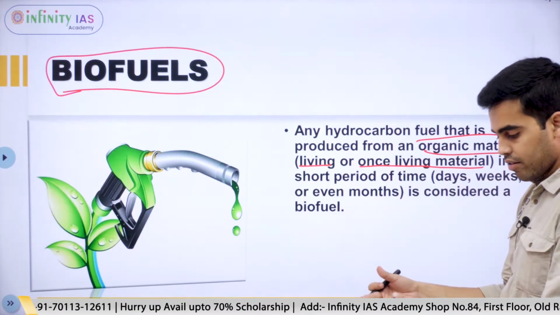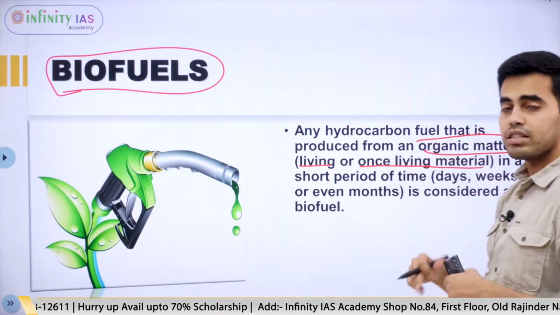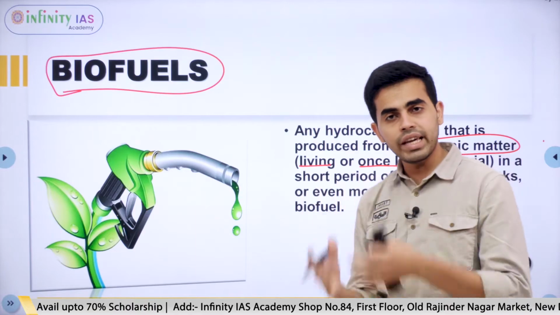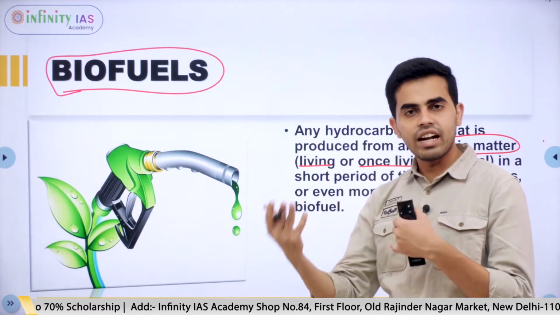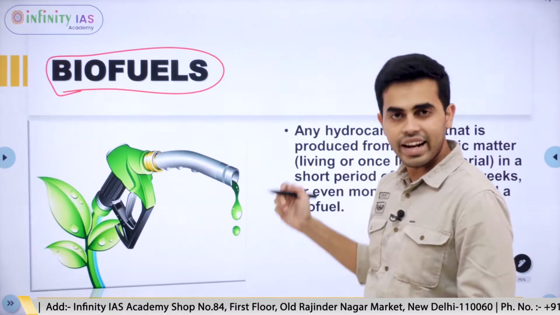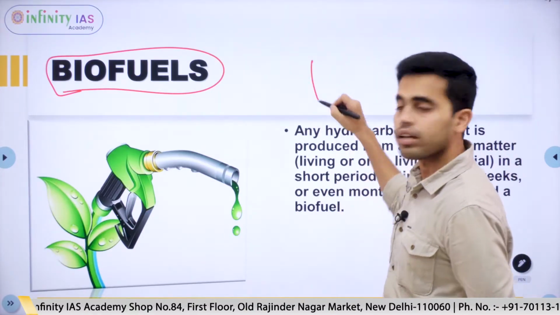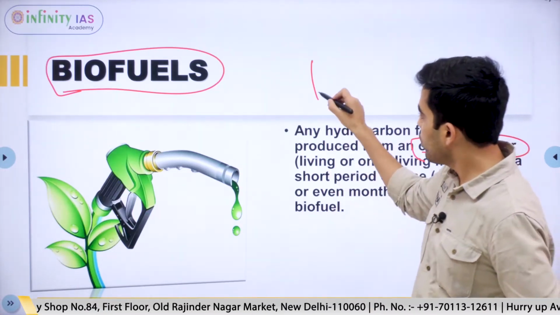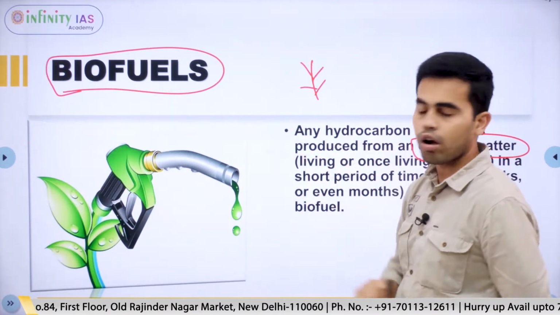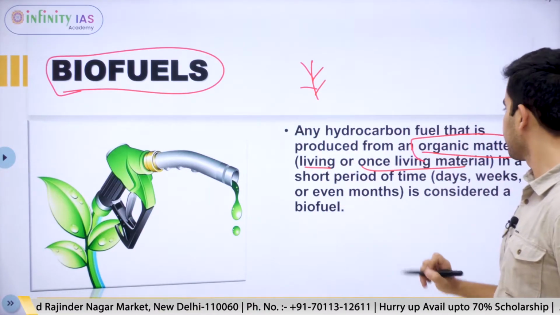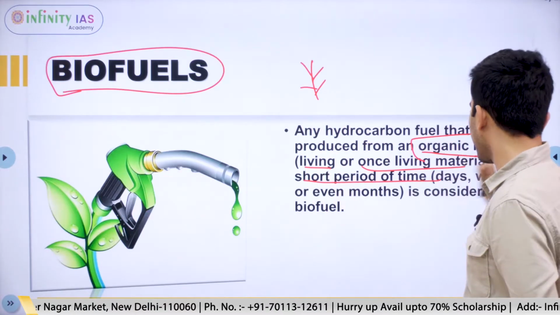That is, when the fuel is being produced, the organic matter need not necessarily be alive. Even after it is dead or dried, for example, even after a plant is dried off, that is straw, it can also be called organic matter, and fuel can be produced from even straw. So organic material can be living or once living, in a short period of time.